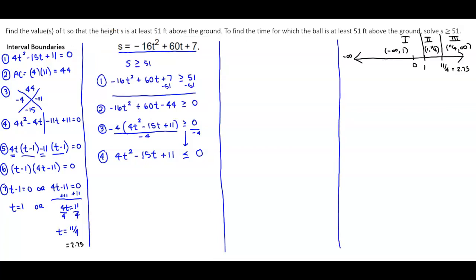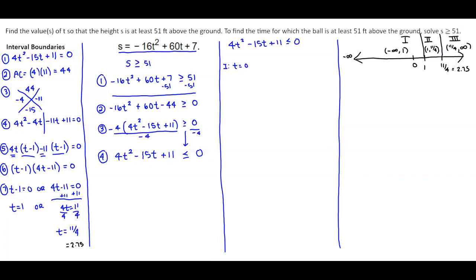Okay, so for interval 1, we know that we're using this inequality, which is 4t squared minus 15t plus 11 to be less than or equal to 0. So for interval 1, we can choose the time of 0. Rather than saying x, since we're using t, time is equal to 0.